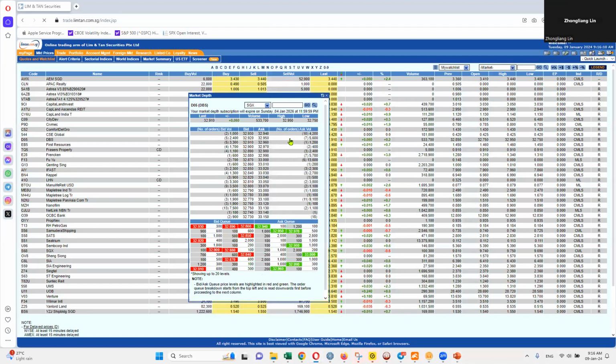So on and so forth, you can see prices above 32.94, meaning that after people buy up 32.94, the next level they have to buy up is 32.95.